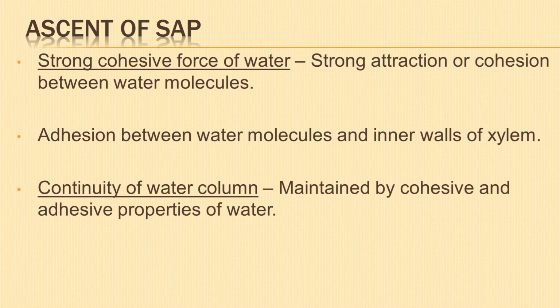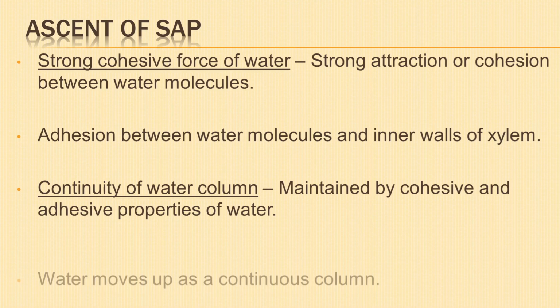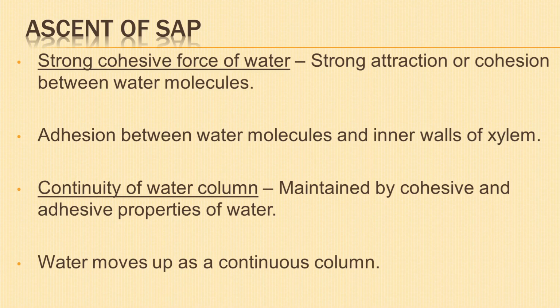It is maintained by the cohesive and adhesive properties of water. The water molecules adhere to the walls of xylem due to its adhesive property, and they remain together and move up as a continuous water column due to its cohesive property.